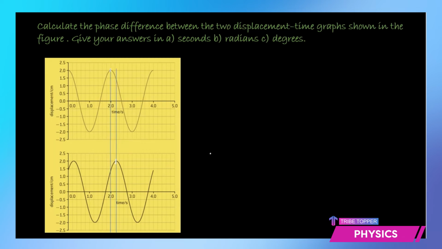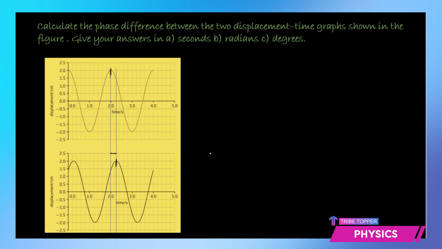So let's see here, how much is the difference between these two lines. One line I've drawn starting from the top peak, and the other line I've drawn starting from the peak of the bottom. Because their peaks are not happening at the same time, there is some phase difference for sure. So how much is the phase difference? This much distance on the time axis. Each division corresponds to 0.2 seconds.